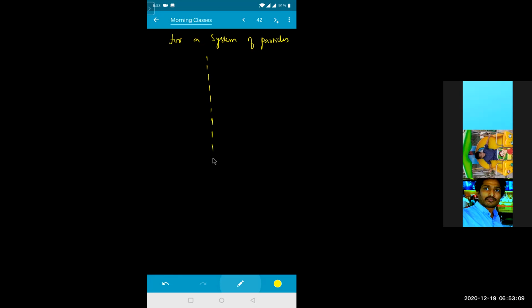If I take n number of particles connected to this, say there is one particle here of mass m1 at a distance r1, one more particle here of mass m2 at a distance r2, another particle of mass m3 at a distance r3, then a particle m4 at a distance r4, and one more particle here, m5, at a distance r5.